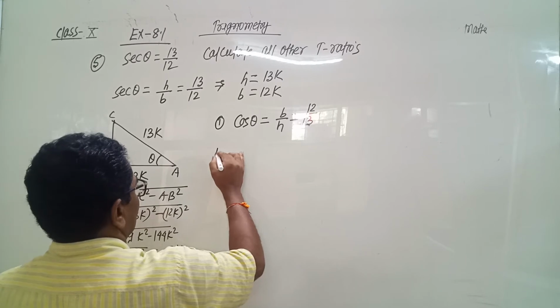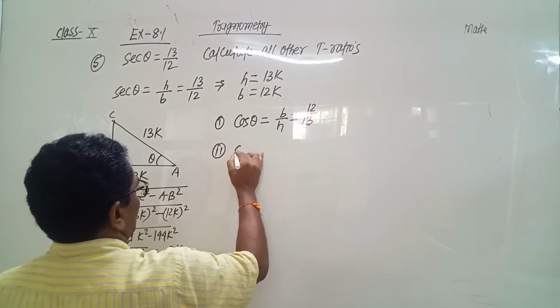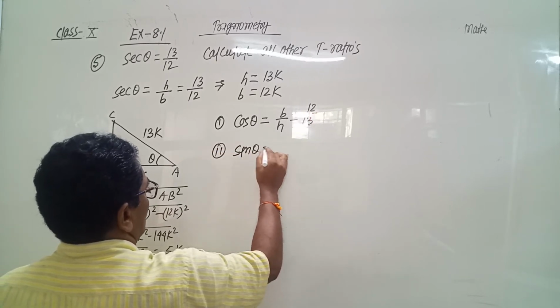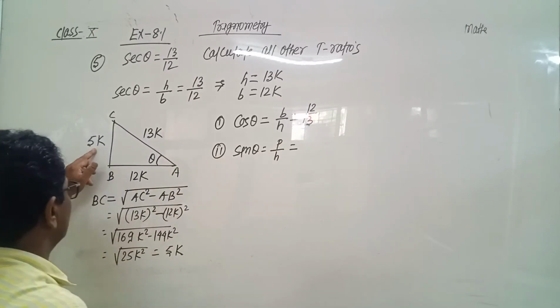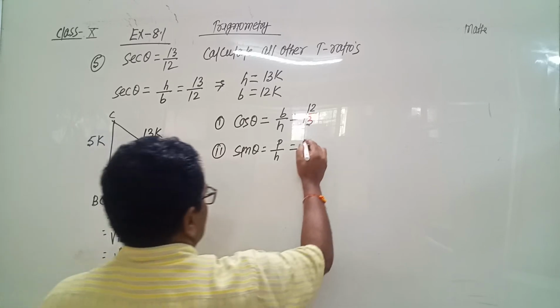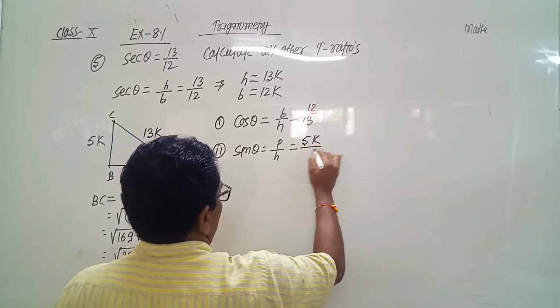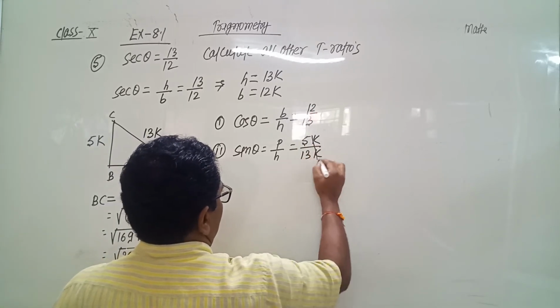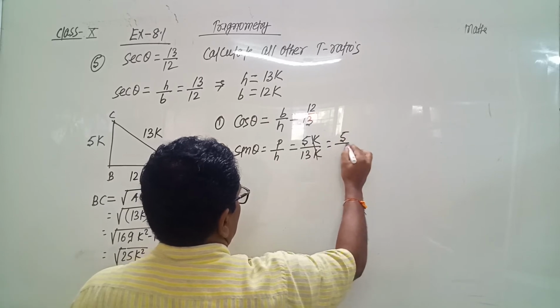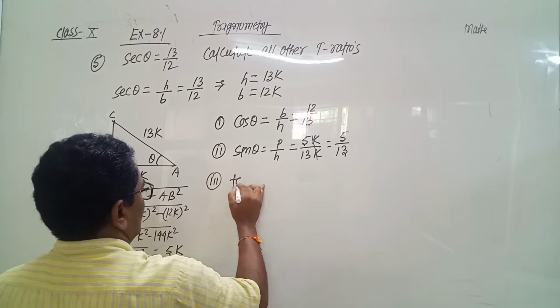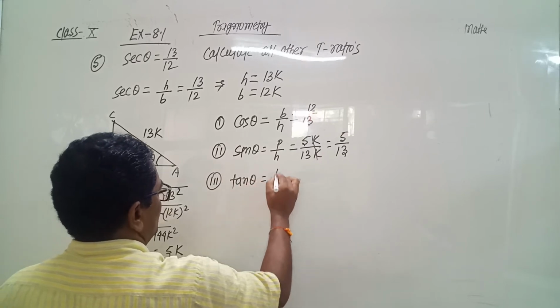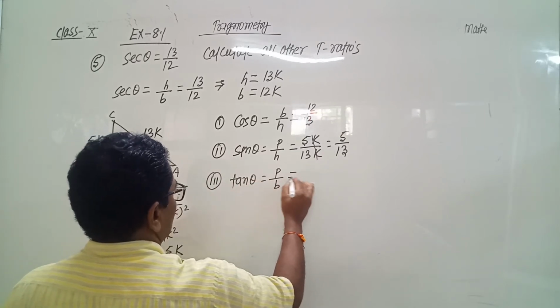Now we find sin theta. Sin theta is perpendicular upon hypotenuse. Perpendicular is 5k, hypotenuse is 13k. So 5k upon 13k, k and k get cancelled and it comes to 5 by 13. Then tan theta equals perpendicular upon base.